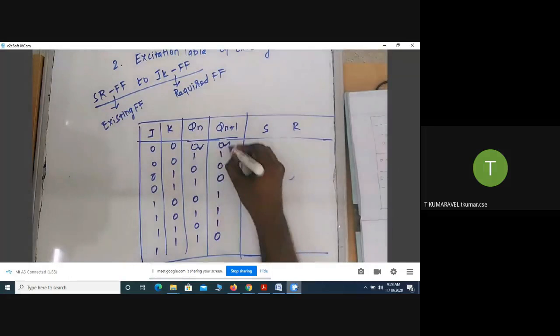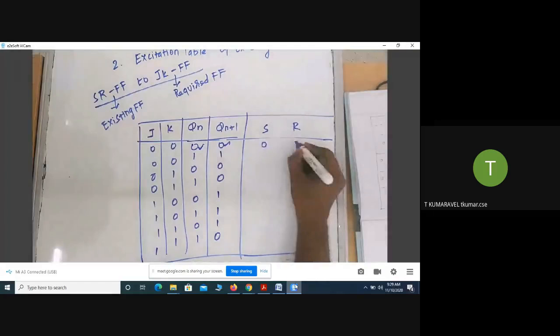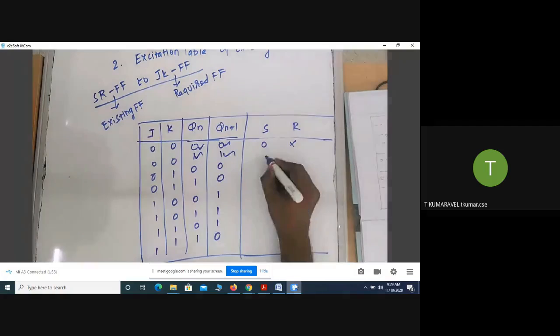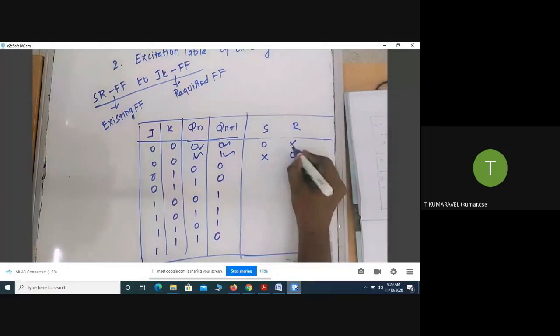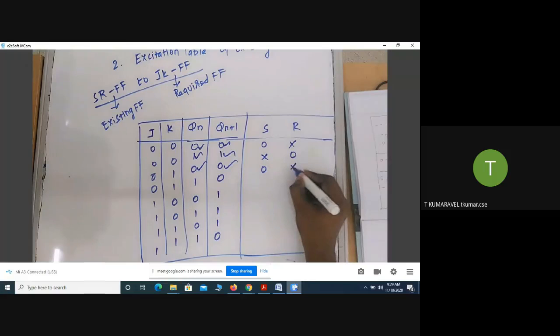If the input combination is 0 0, what is the value of S and R? 0 X. Next, my input combination is 1 1, what is the value of S and R? Don't care condition, and 0.